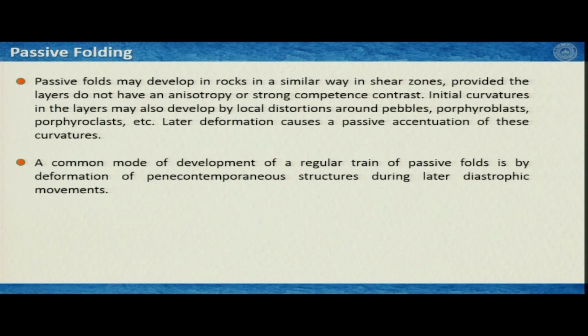This could be around pebbles, porphyroblasts, porphyroclasts, etc. And later deformation causes a passive accentuation of these curvatures. You also see passive folds in penecontemporaneous structures, or sort of a regular train of passive folds by deformation of sedimentary layers before lithification, and this can happen due to some sort of tremors or diastrophic movements.